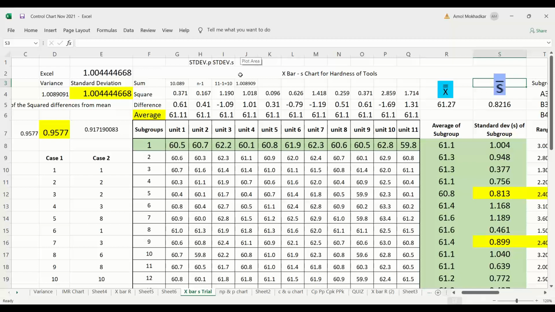What formula should I use for calculating the standard deviation of this data? Yes, you are going to use STDEV.S. And if you don't have the Excel sheet, how are you going to calculate?